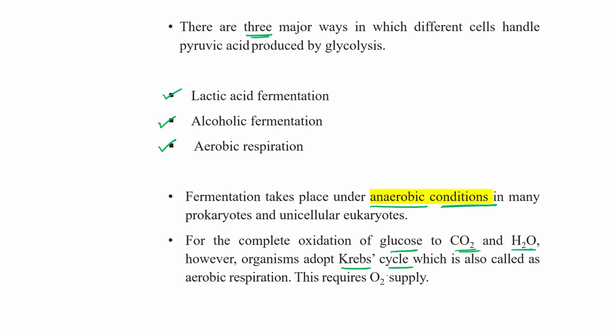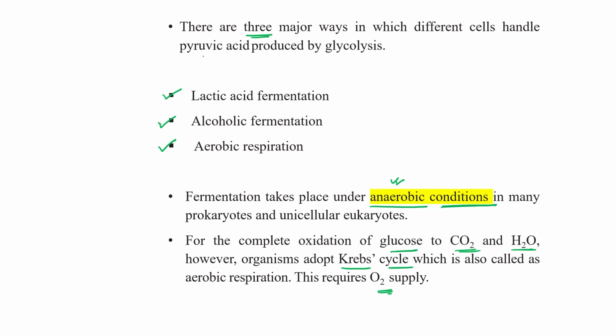We also use the term aerobic respiration for the same, and that aerobic respiration requires oxygen. So in anaerobic cells or anaerobic organisms like prokaryotes and some unicellular organisms, fermentation occurs. It may be lactic acid fermentation or alcoholic fermentation.